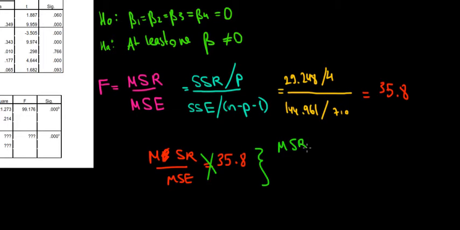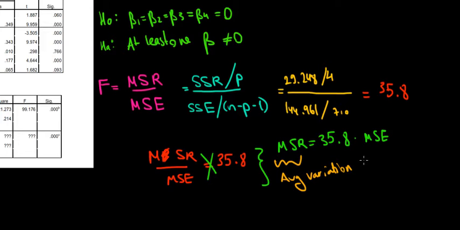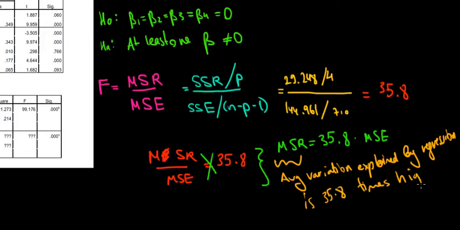That means that MSR is equal to 35.8 times MSE, which means that the average variation explained by the regression is 35.8 times higher than the variation unexplained by the regression, meaning that our variables make sense. Intuitively it makes sense because they explain so much more than the error term, than the specific factors that we cannot observe.